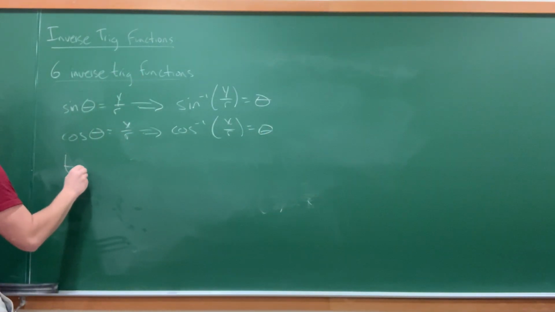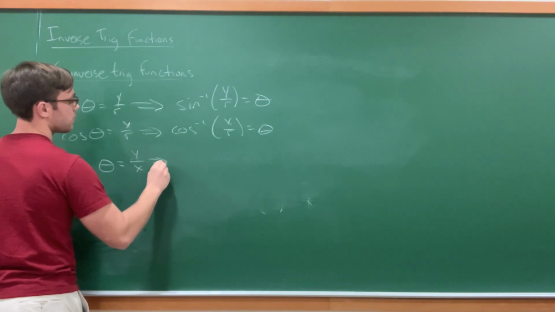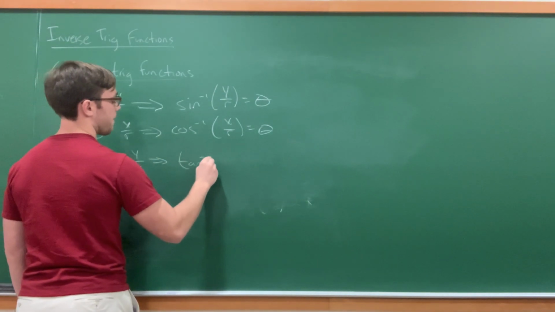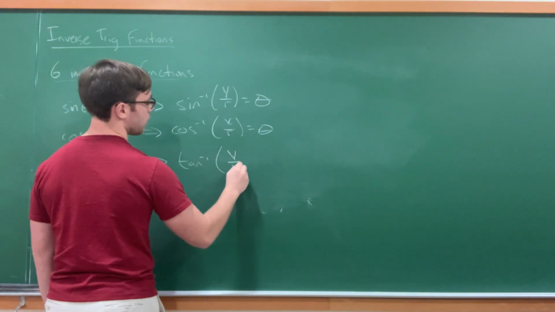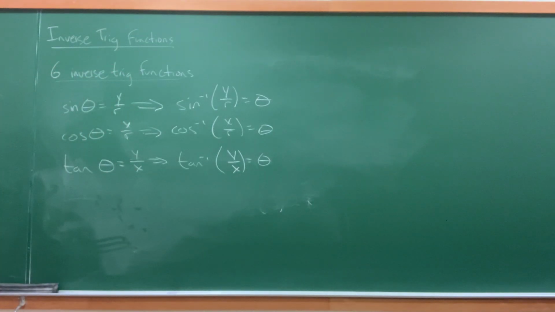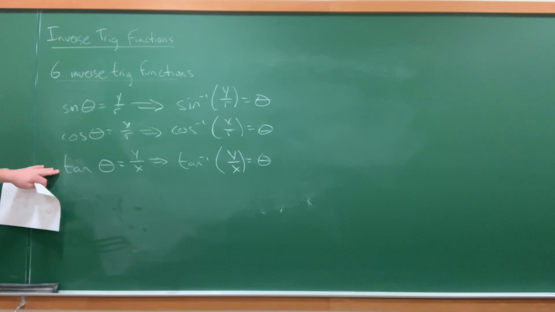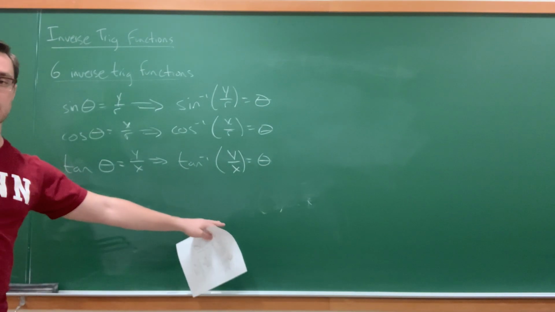Tangent of theta equals y over x, so inverse tangent of y over x equals theta. Then you have the other 3 that pair with this. We don't use them a lot traditionally, so I'll just leave these here, and just recognize that it's the same pattern for the other 3.